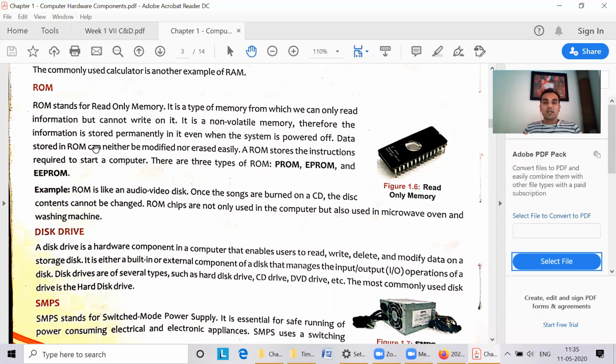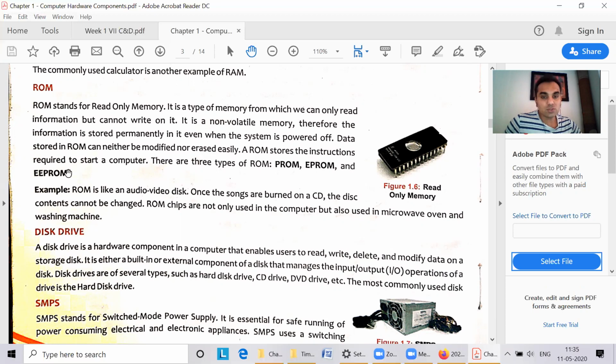It is a non-volatile memory, meaning as soon as you switch off the computer, the data still remains in the memory. That's why it is called non-volatile memory. Therefore, the information is stored permanently in it even when the system is powered off. Data stored in a ROM can neither be modified nor be erased easily.